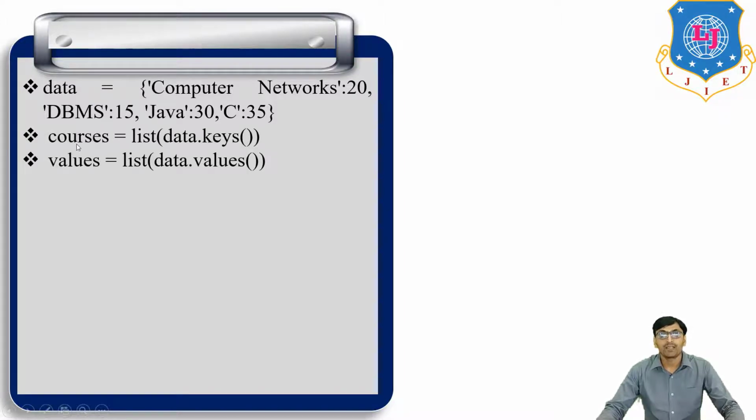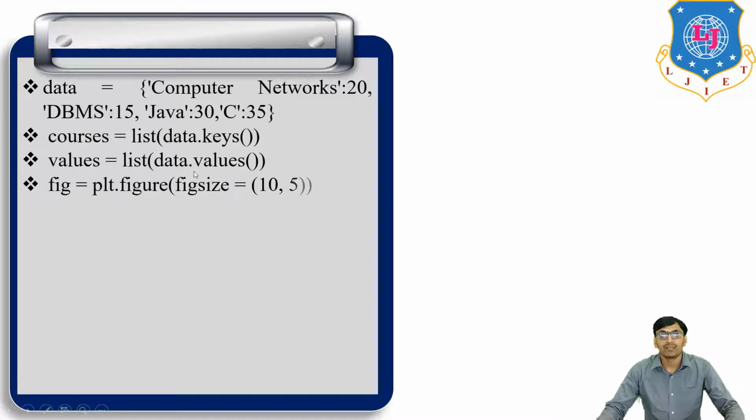Then courses is equal to list in the bracket data.keys. So all the keys present in the data variable are in courses, and values is equal to list in the bracket data.values. So we make one list which contains all the values present in data.